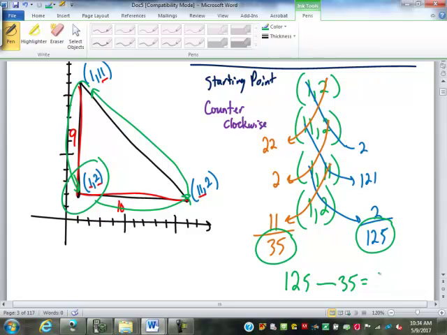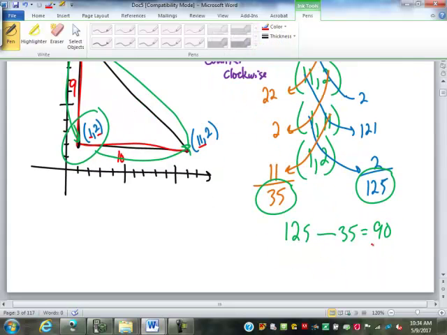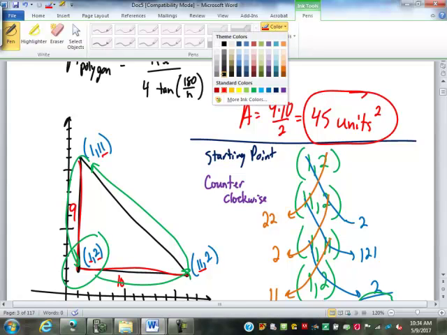Gives me what? 90. And the final step is I'm going to divide that by 2 to get 45 units squared. Guess what? That's the same area we had before. So this process gives us the area of that figure from its coordinates.